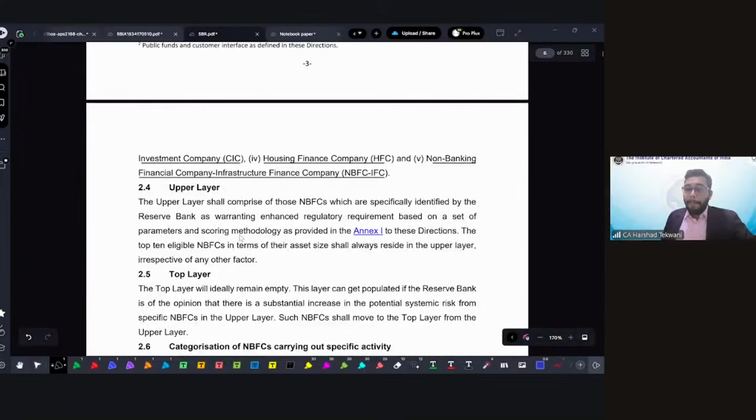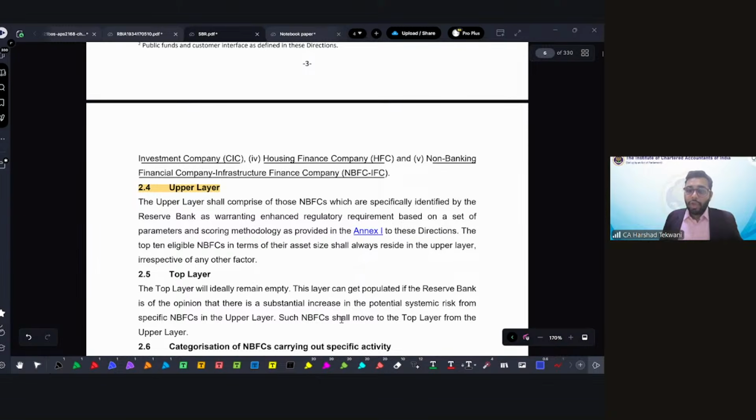Third, upper layer. Now what is included in the upper layer? Upper layer basically are those NBFCs where RBI wants to have enhanced regulation. So they will classify certain NBFCs into the upper layer based on the scoring methodology. Based on the scoring methodology, they will classify certain NBFCs as upper layer NBFCs.